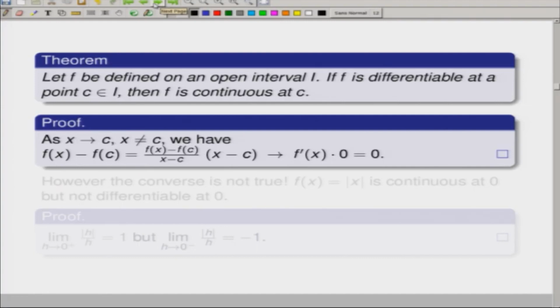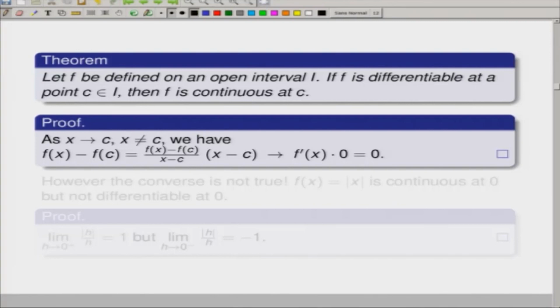Therefore, x minus c is not equal to 0, because x is not equal to c. So, I can divide and multiply by x minus c. Now, if I take the limit, what I know is that the limit of f of x into g of x as x goes to a is equal to the limit of f of x into the limit of g of x, provided both limits exist.